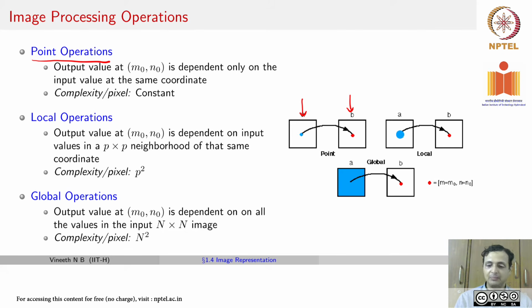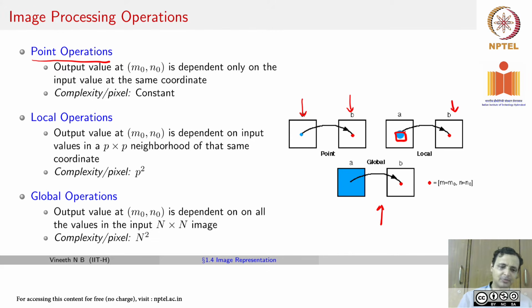That would be a point operation. A local operation is where a pixel at the output depends on an entire region or neighborhood around that coordinate in the input image. And a global operation is one in which the value that a pixel assumes in the output image depends on the entire input image.